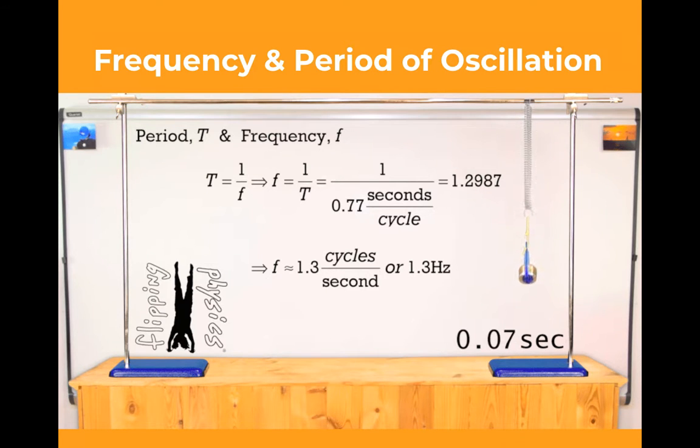If we time how long it takes from the moment we release it to return back to that release point, which would be one vibration, the timer designates that it would take 0.77 seconds for one complete oscillation. So we know that our period is 0.77 seconds.